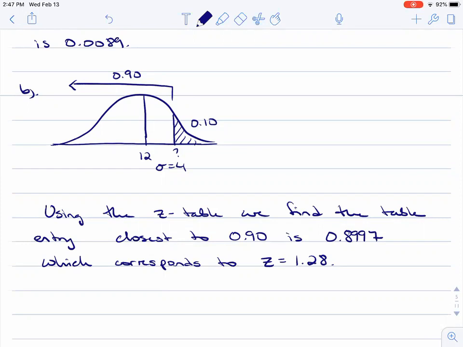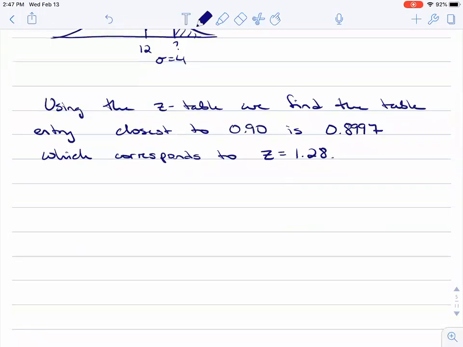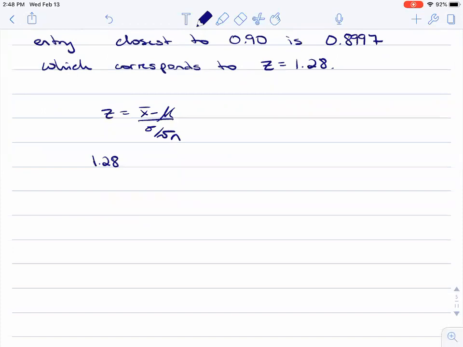So now we have Z is X bar minus mu over sigma over root n. Z is 1.28. We're trying to solve for X bar. What mean weight cuts off the heaviest 10% of boxes?